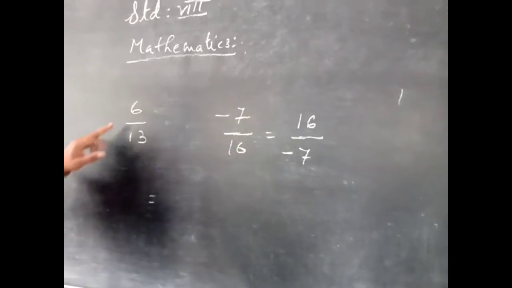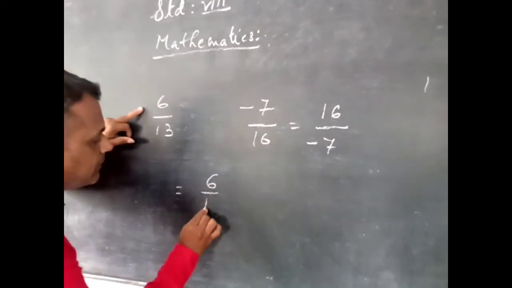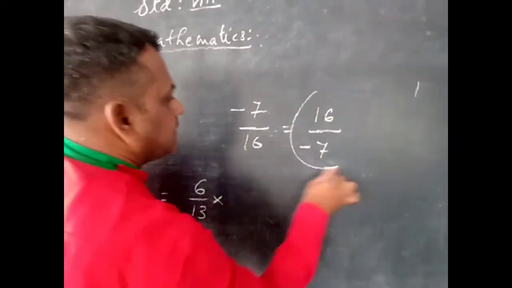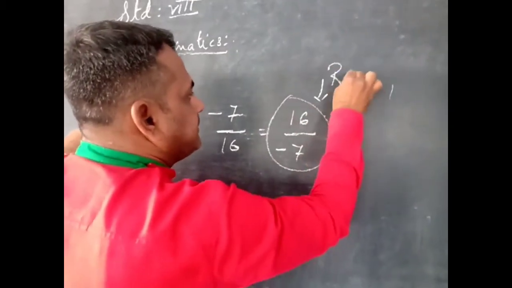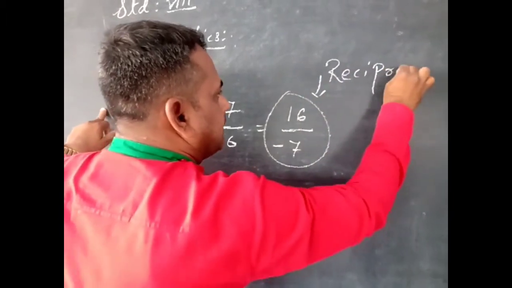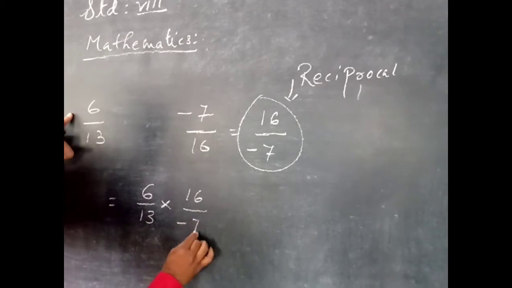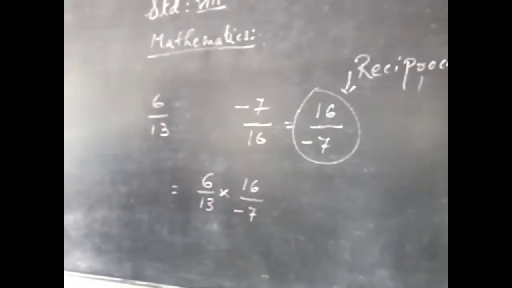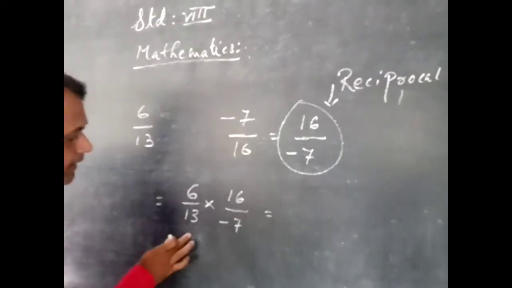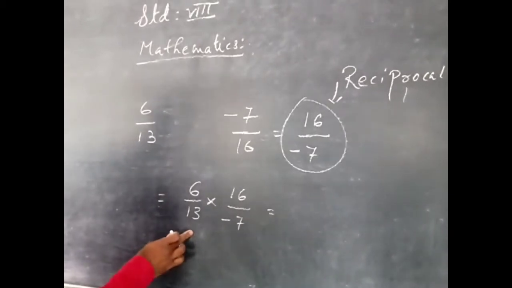Now we have to multiply which number? 6 upon 13 with the reciprocal, right? 6 upon 13 times 16 upon minus 7. Now let's see if there is any possibility of cancellation.